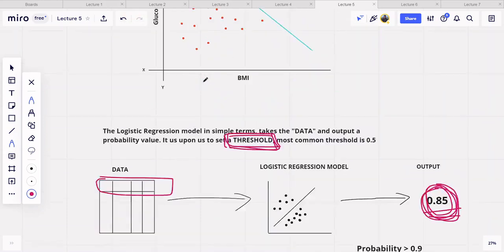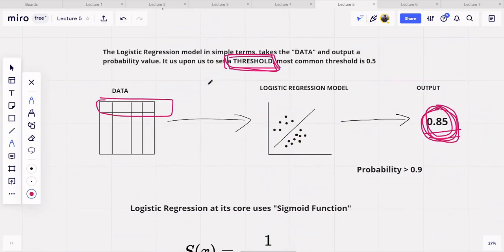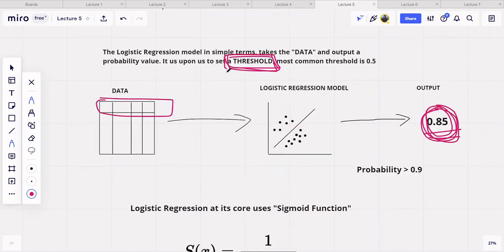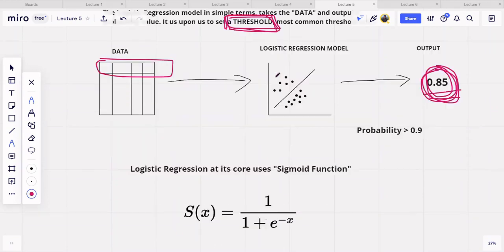Now what logistic regression does is it outputs a probability value. Whenever you give logistic regression some data and you try to predict the class, it will output a probability value between 0 and 1. Now this probability value can be anything, 0.1, 0.2, 0.9, anything, but it is up to us to make the decision. We have to set the decision threshold here.